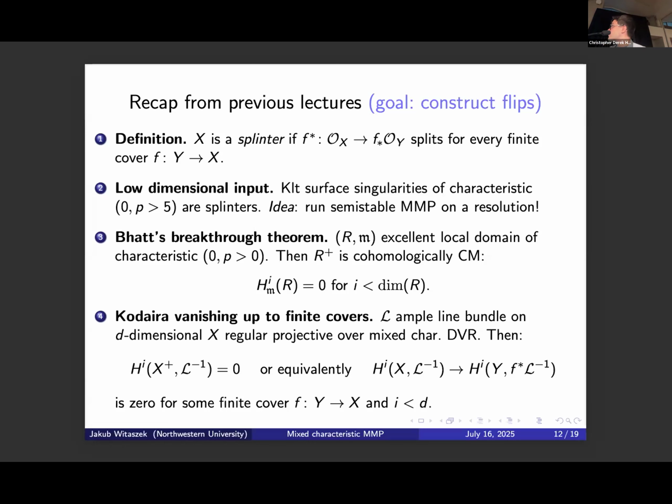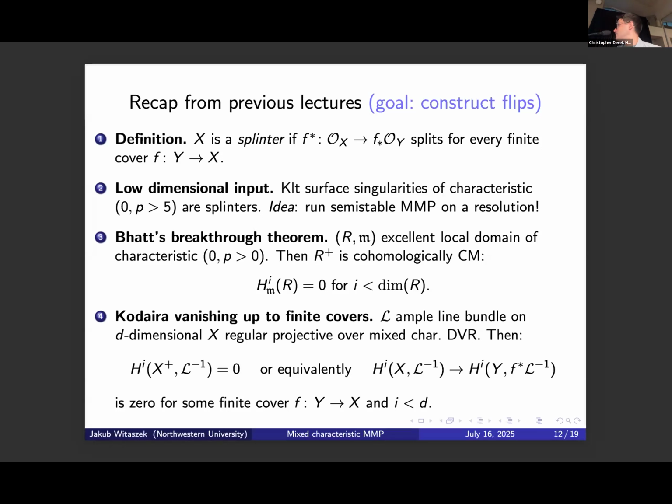And so Bhatt's breakthrough result puts that into the framework of Kodaira vanishing. What it implies is the following: for L an ample line bundle on a d-dimensional X, projective over a mixed characteristic DVR, I will assume for simplicity that X is regular, which allows me to make a slightly more simplified statement than in the previous talks.